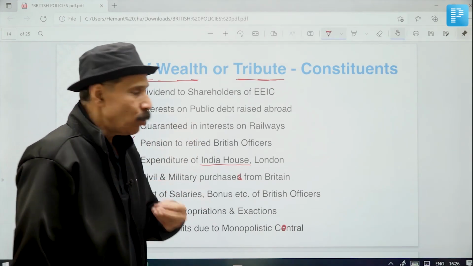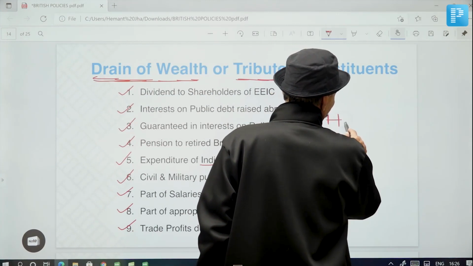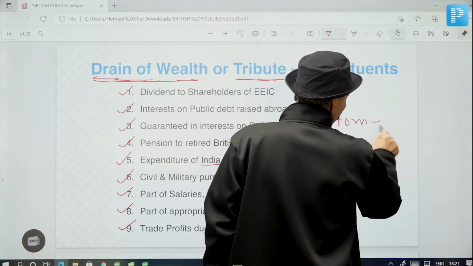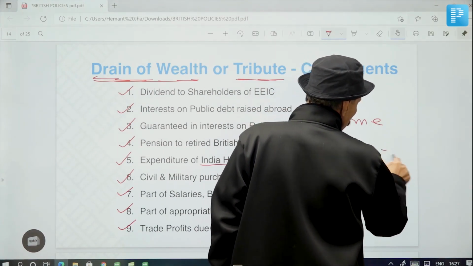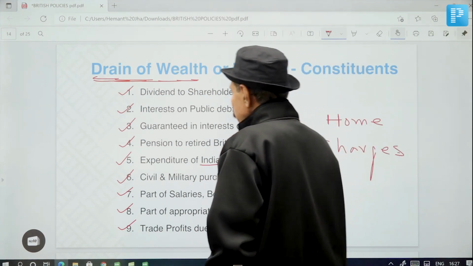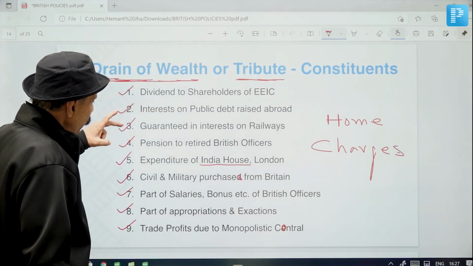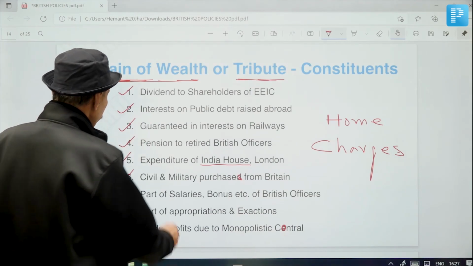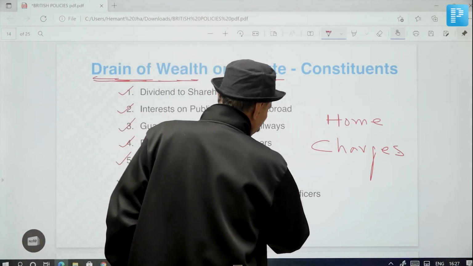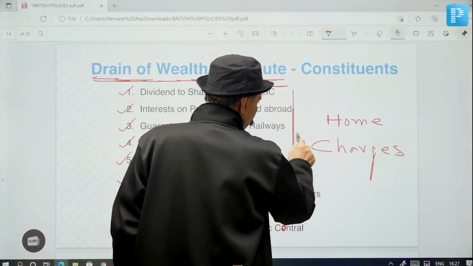Besides, there is a term home charges. And here in this list, number 1, 2, 3, 4, 5, 6, 1 to 6 are the examples of home charges.